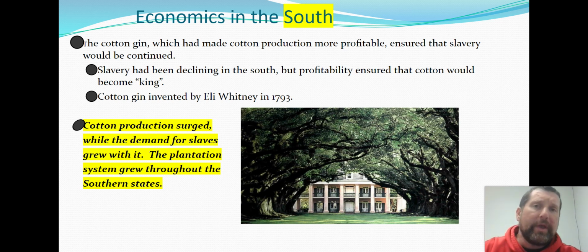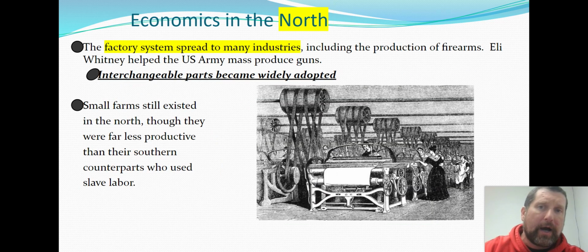We see the advent of what we would call king cotton in the South, following the invention of the cotton gin by Eli Whitney in 1793, and the increasing usage of the cotton gin throughout the early to mid 1800s. And we know, again, that demand throughout the agrarian South, if you will, is promoted by the economy in the increasingly industrial North.